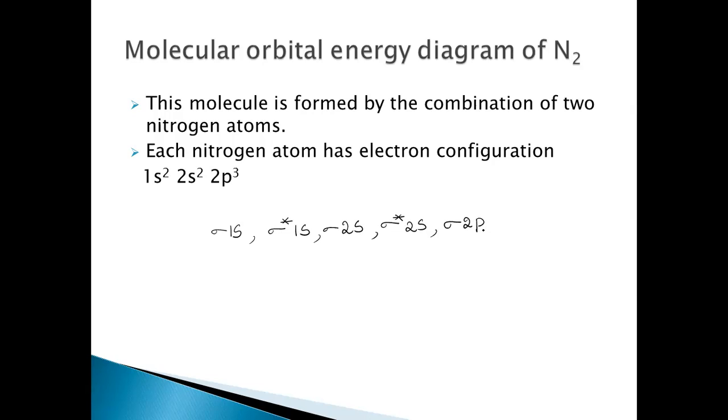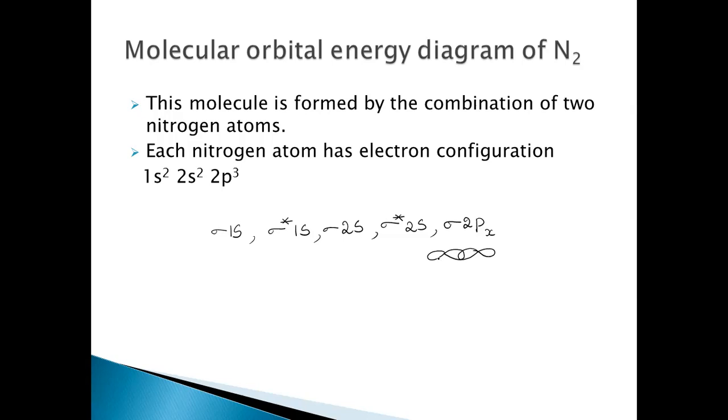Let's take that to be x only. This is the sigma overlap of the 2px orbital, whose lobes are oriented along the internuclear axis.